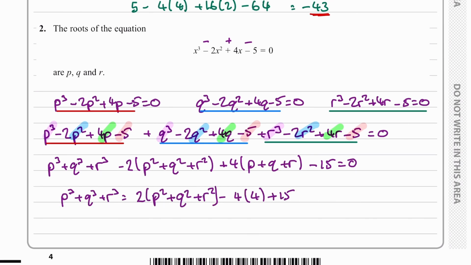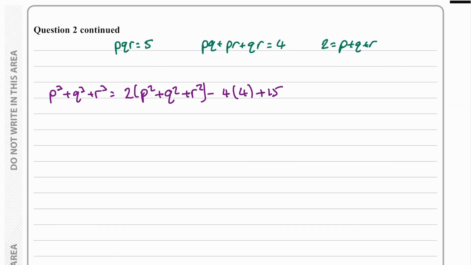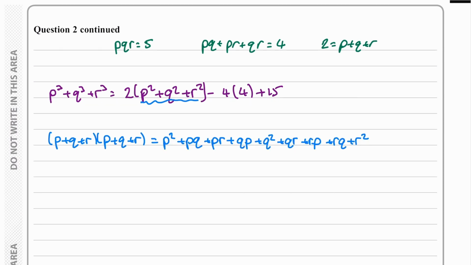Okay, so now we need to work out the p squared plus the q squared plus the r squared. So if I just underline this in blue and work this out separately, we can get this by squaring p plus q plus r. When we square this, we multiply it by itself. And now we've expanded the brackets out, we can separate them in terms of their powers.